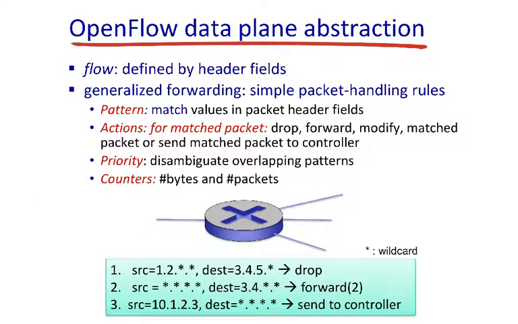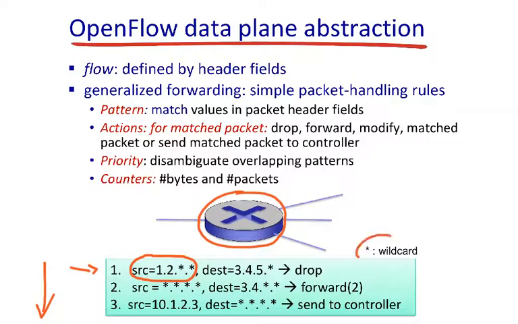So here we have an example. We have a specific SDN node, and we have a flow table with these 3 rules. The priority is in descending order. The first rule refers to: if I receive a packet from source network 1, 2, wildcard, where wildcard means any value, as we saw in the routing table in IP networks.